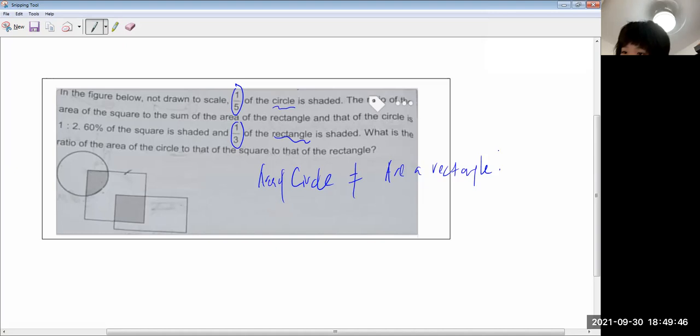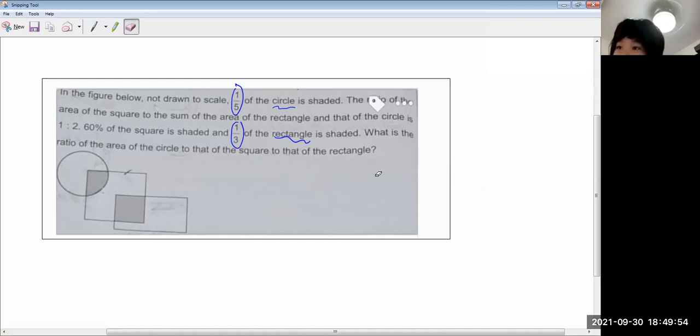Okay, never mind. Let's work it out together. So like I say, you cannot assume circle and the rectangle is the same. So you cannot use the approach just now you mentioned. So what I will do is 1/3 of the rectangle is shaded. Basically, if this is 1 unit, this is 2 units. Okay, make sense? Okay, good.